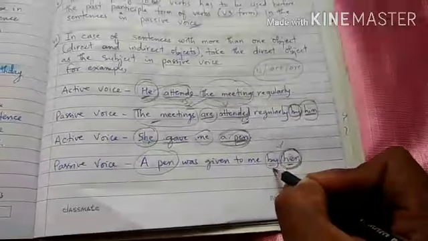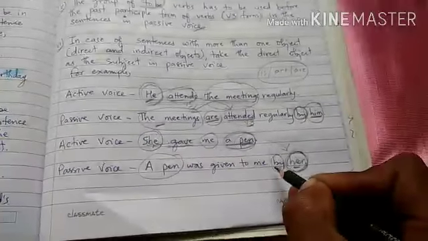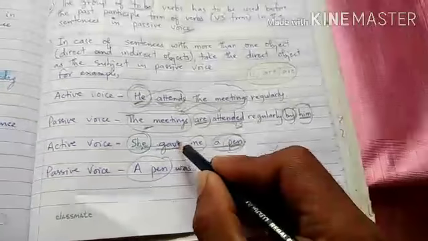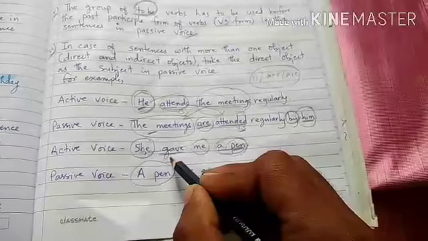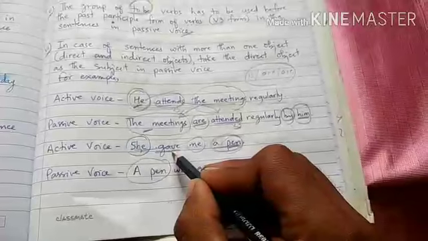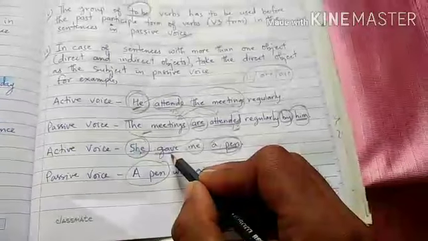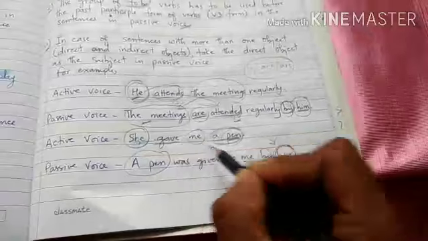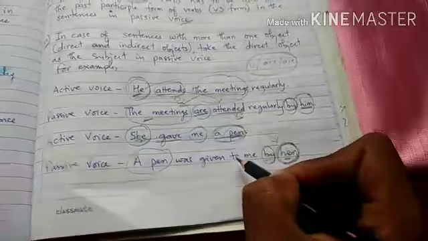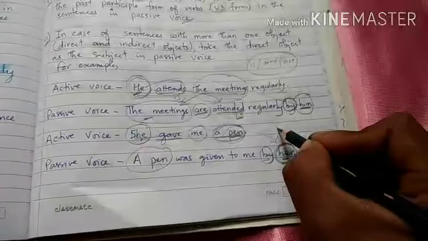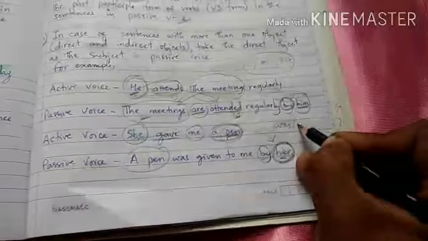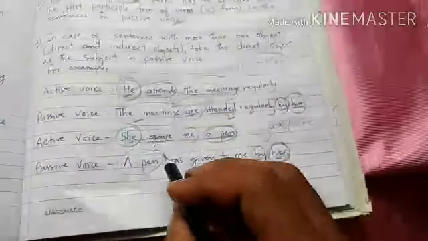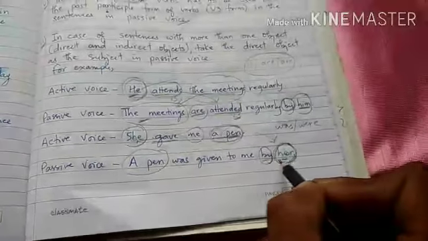So we have done that here. Now we have to change the form of main verb. This sentence is in simple past tense. So when we change sentences in simple past tense into passive voice, we have to make use of the to be verbs was and were. Like here, a pen was given to me by her.